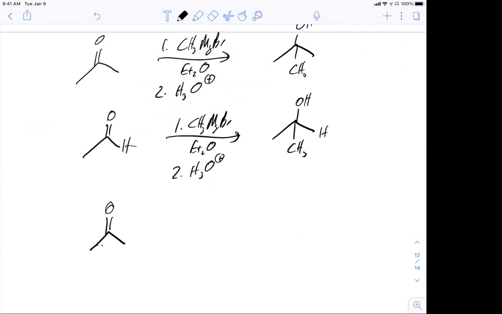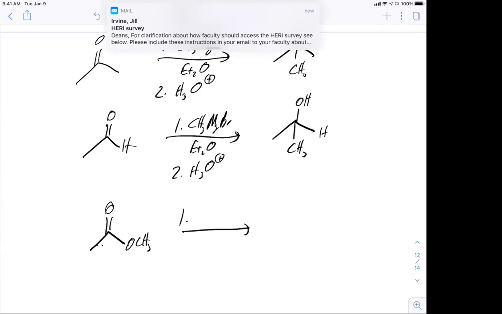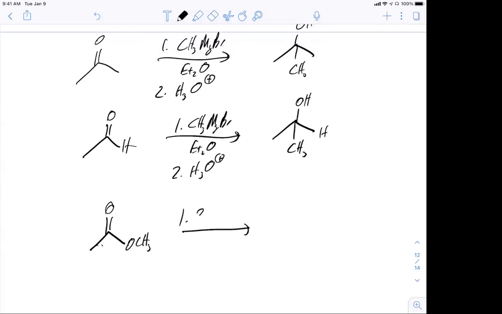If I take an ester with two equivalents, I'll get an alcohol.